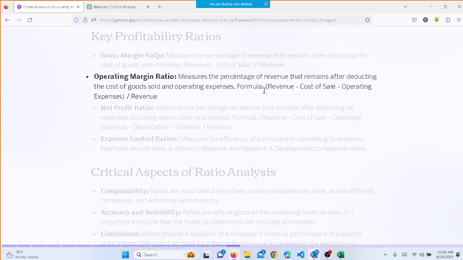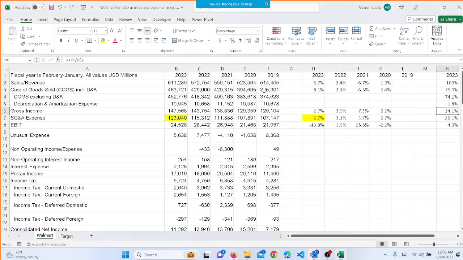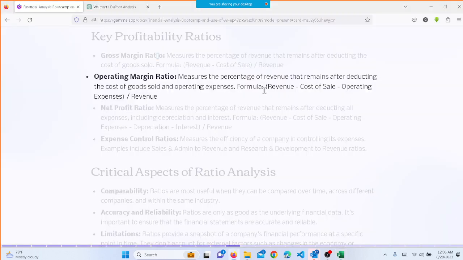Then you have operating profit margin. Operating margin usually comes after deducting the selling and general expenses and other operating expenses. If we want to treat this earnings before interest and taxes as gross profit, we can also consider this as an operating margin, and we can use this as a percentage for now, right?